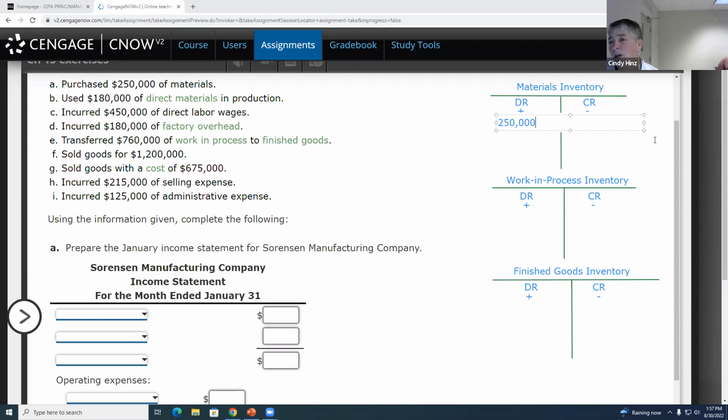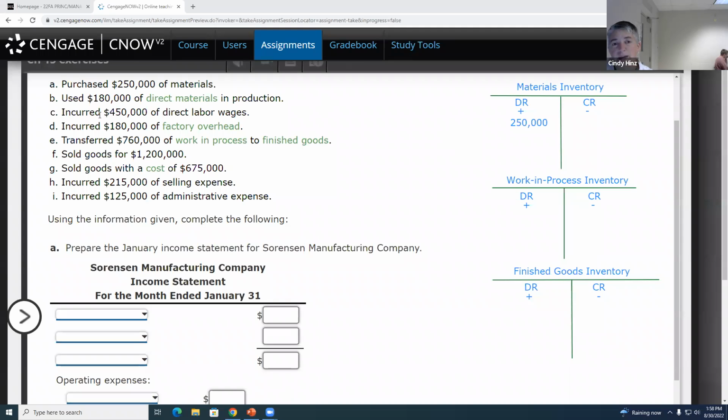The credit here would be either to cash if they paid cash for them, or maybe to accounts payable or something that represents the liability to pay for them later. So a debit to materials to increase the materials account, and then a credit to however they paid for them or agreed to pay for them.